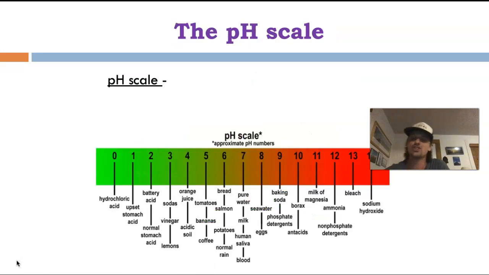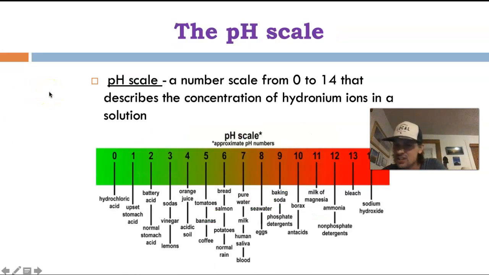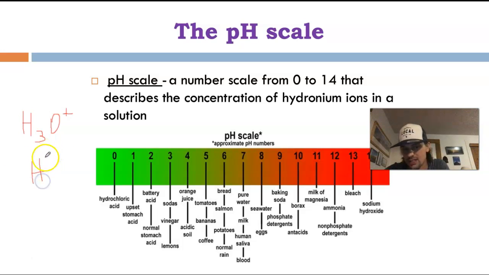All right, so the pH scale, like I said, is a number scale going from 0 to 14 describing the concentration of hydronium ions. Now, I know you're not familiar with what a hydronium ion is. A hydronium ion is H3O+, directly related to H+. So this is a hydronium ion. You could also say H+, it's the same thing.